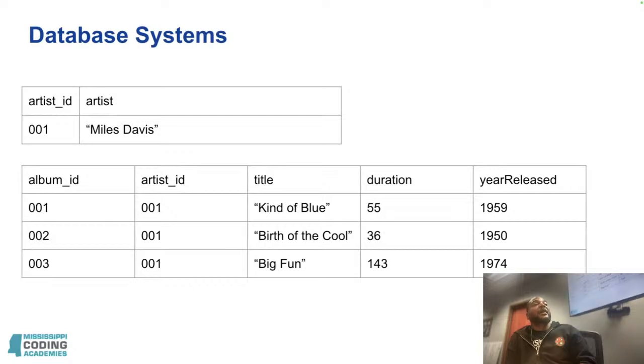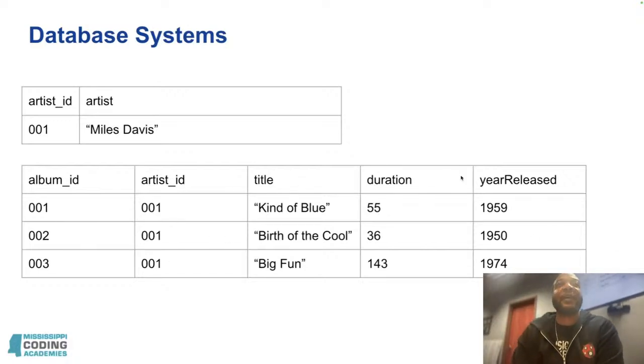So if we look at artist ID in the artist table, 001, and it's Miles Davis, and then we look at artist ID in the album table, and it has 001, which means that it points to the artist table and makes a reference to the artist table, saying, hey, whichever entry you have for the ID of 001, that's who we are referring to here in the artist ID field.